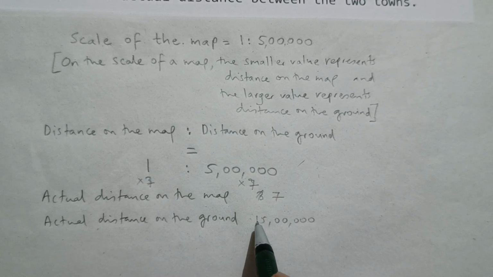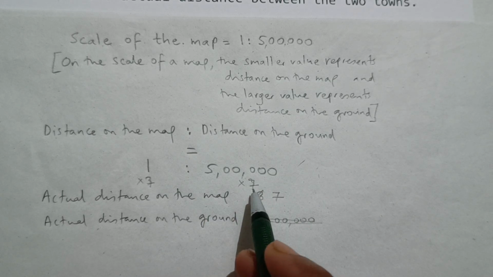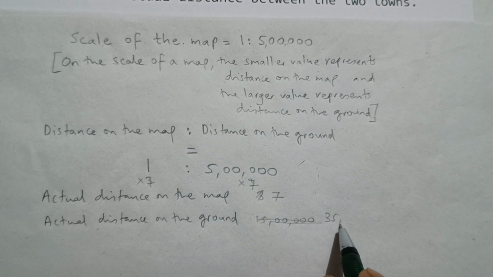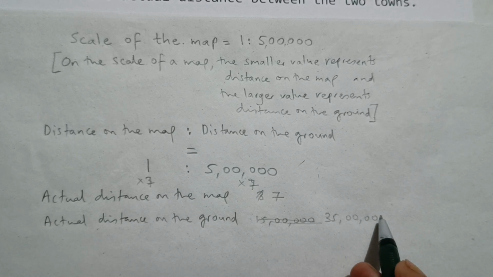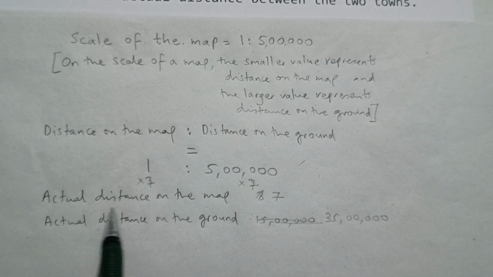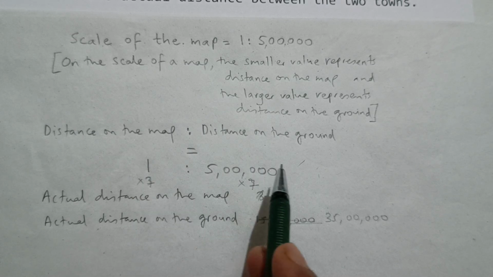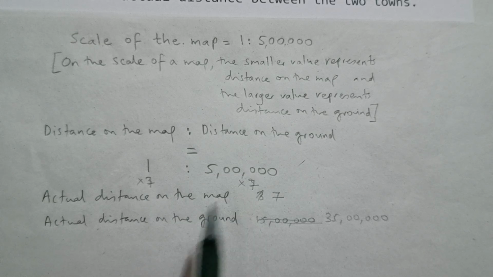And the actual distance on the ground will be 5 lakh into 7, which is 35 lakhs. So I hope you are understanding that to find the actual distance on the map and the actual distance on the ground, I will have to multiply this ratio by a number.